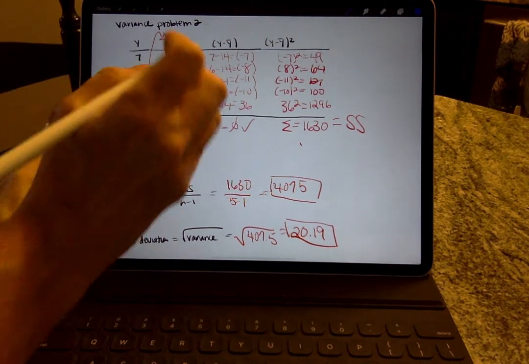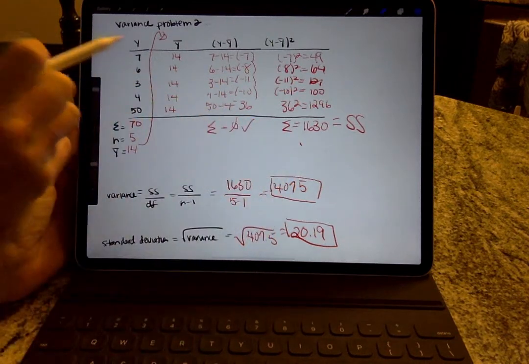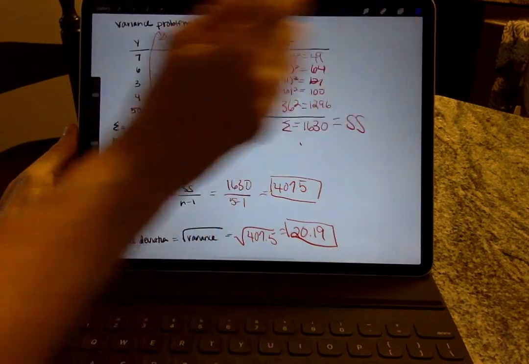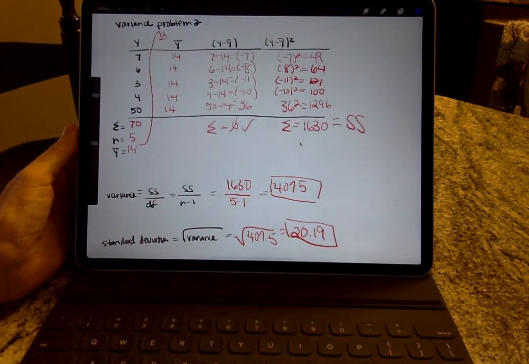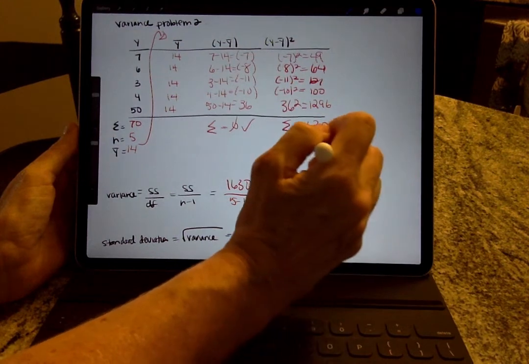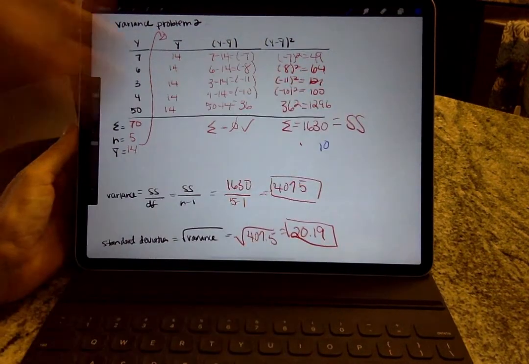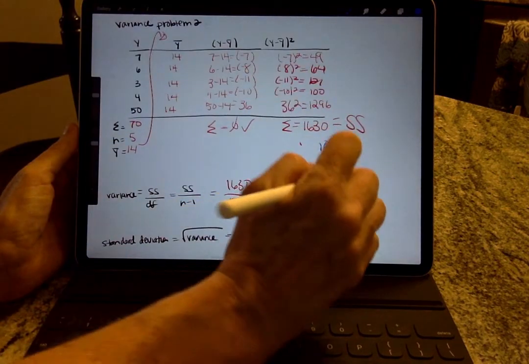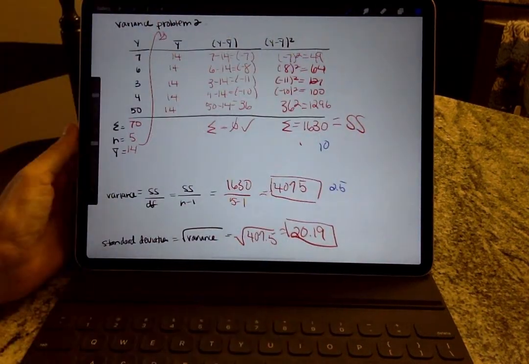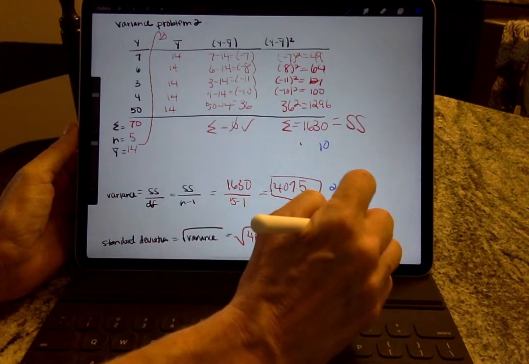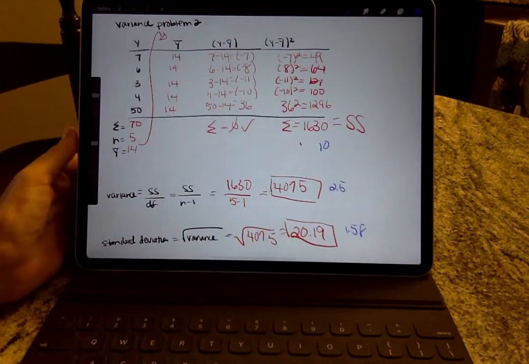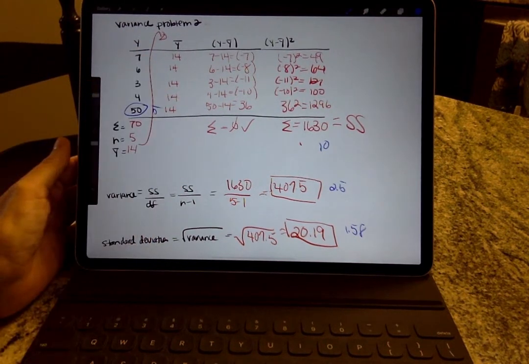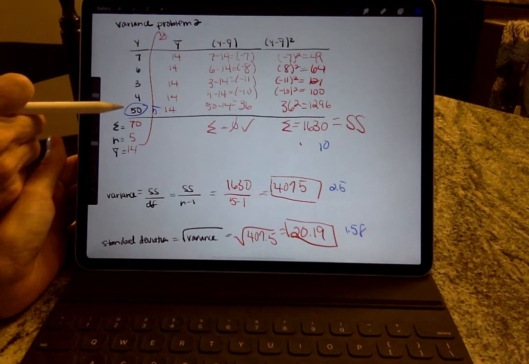Now remember, when we did the last problem where we had 7, 6, 3, 4, and 5, our sum of squares was 10. So the sum of squares went up really dramatically. Our variance, if you remember, was 2.5, and our standard deviation was 1.58. Look at how those numbers changed so dramatically when we added in a single outlier.